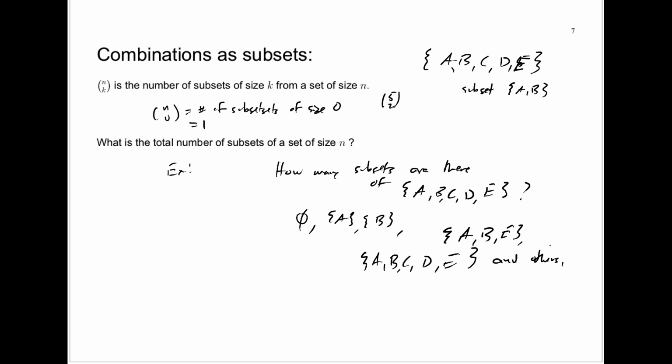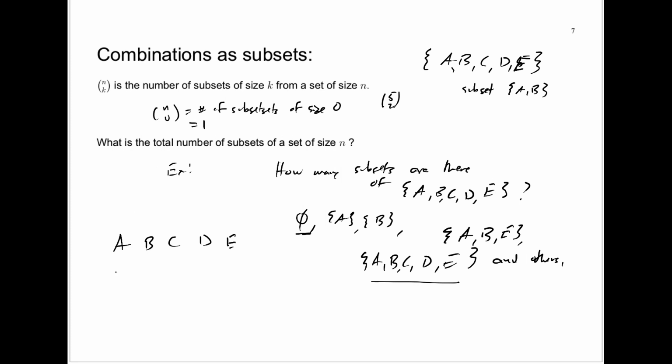Well, let me show you a nice way to talk about subsets of a set. If you want to have a subset of the set A, B, C, D, E, you have to choose exactly which elements are in that subset. It might be none of the elements, it might be all of the elements, or it could be any smaller set of the elements.